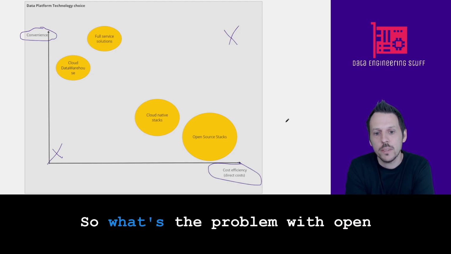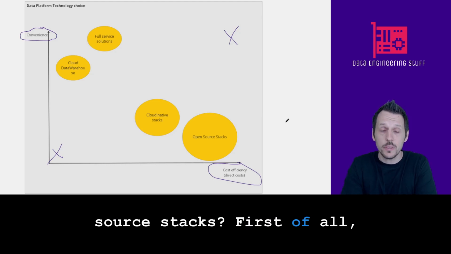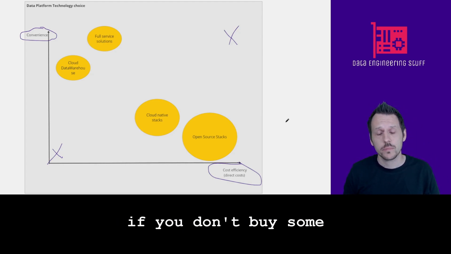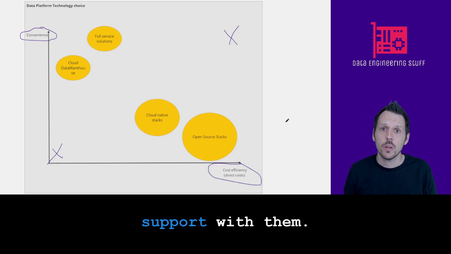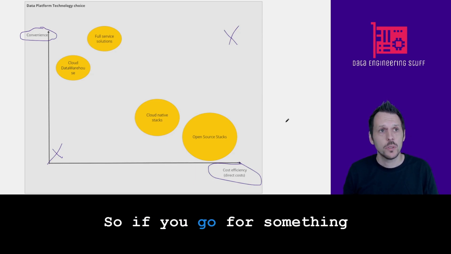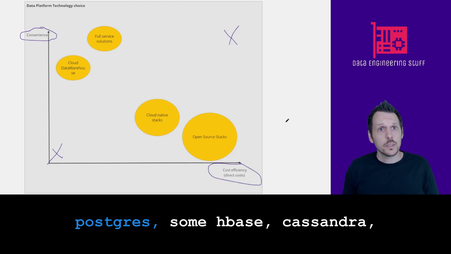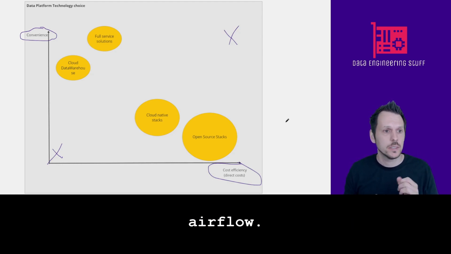So what's the problem with open source stacks? First of all, they don't cost you anything if you don't buy some support with them. So if you go for something like Spark, DuckDB, Postgres, some HBase, Cassandra, whatever, Airflow.